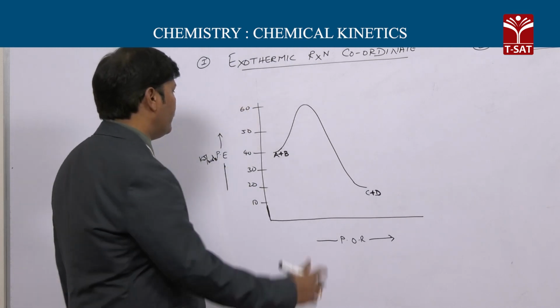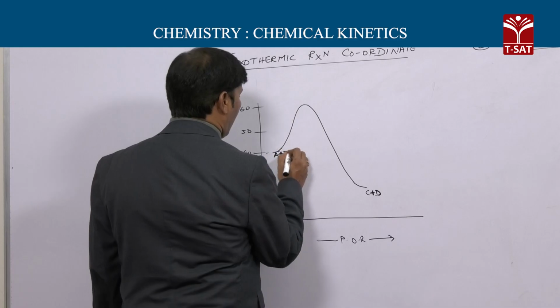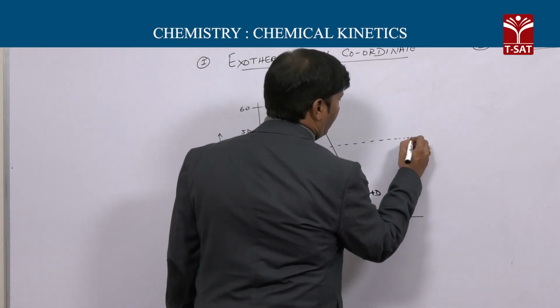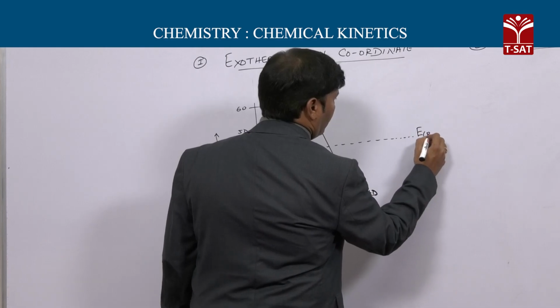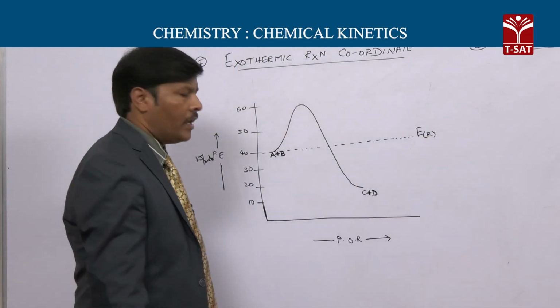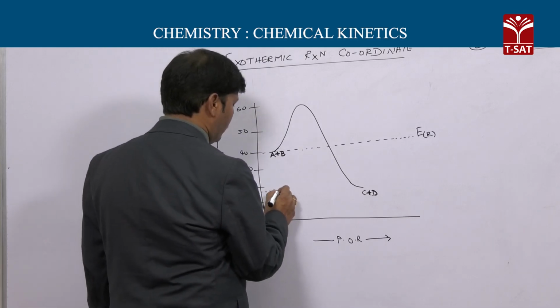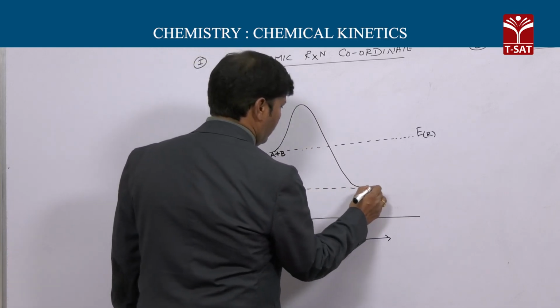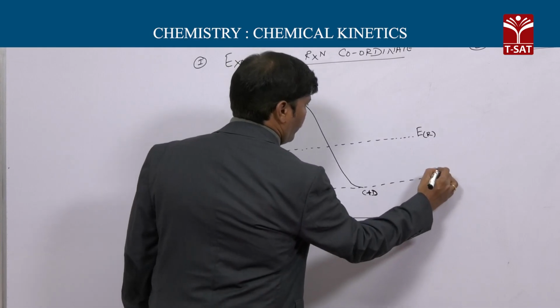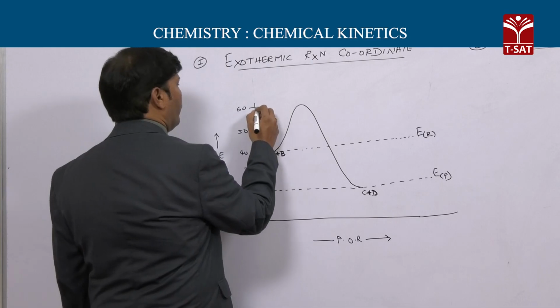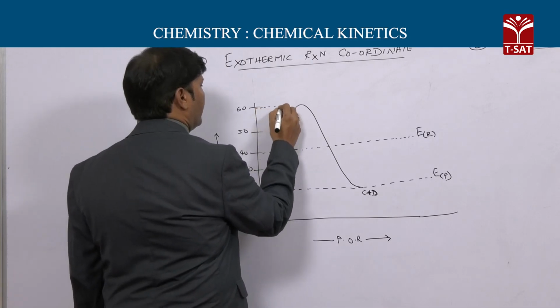I am going to take a dotted line for the reactants A plus B, somewhere like this. This is ER, the energy of the reactants, and I take a dotted line from 20 kilojoules. This is the energy of the products, and this is obviously the threshold energy.